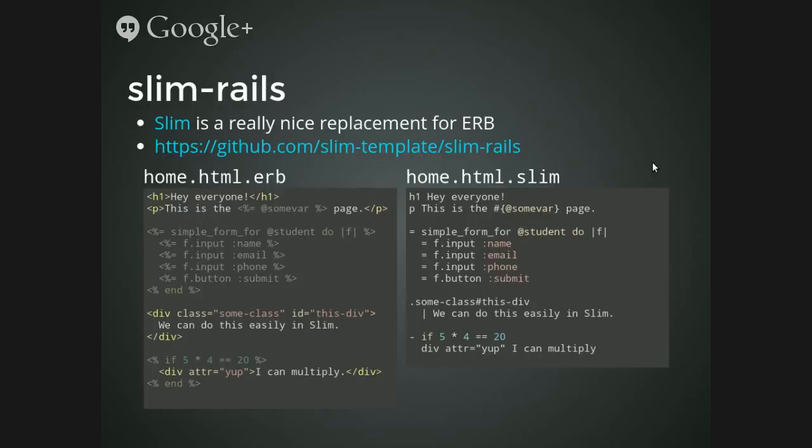Does that also apply to the HTML blocks, like for the paragraph type? I mean, most of us wouldn't write a paragraph just on one line. Just on one line, yeah. So if I were to do the next line, but it's still indented, would it keep it? Yeah, it would. So the way to do longer text in Slim is, in this example, I put a div with some text inside.